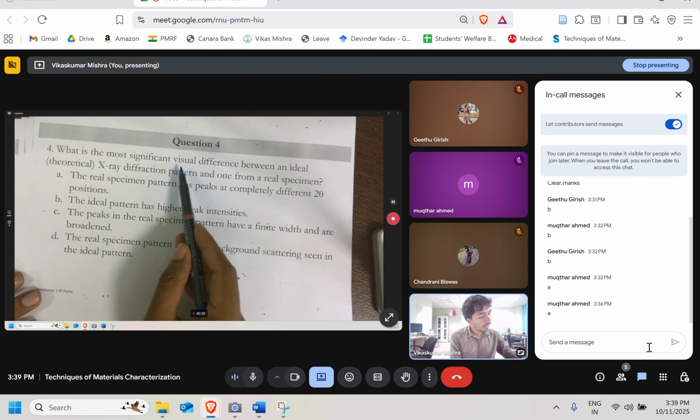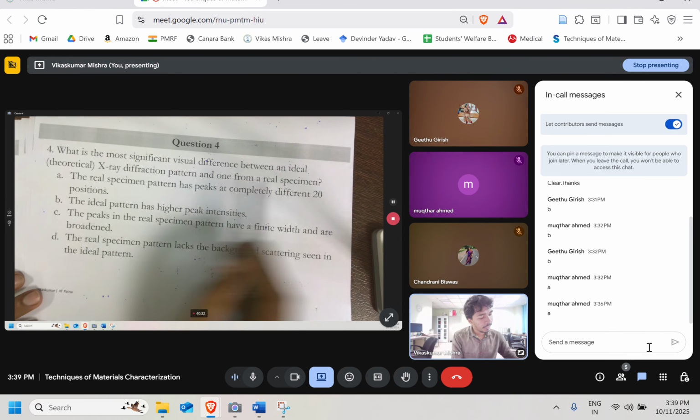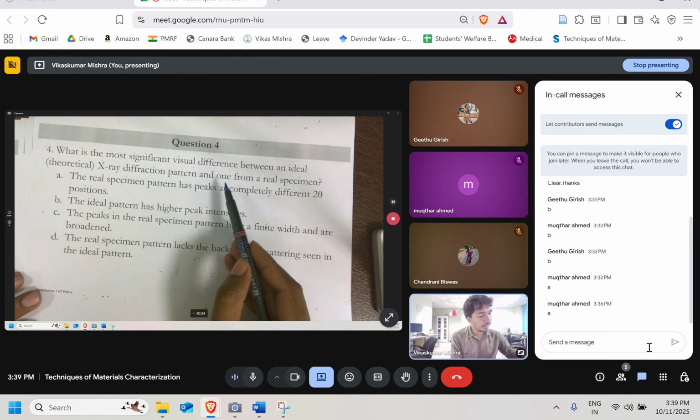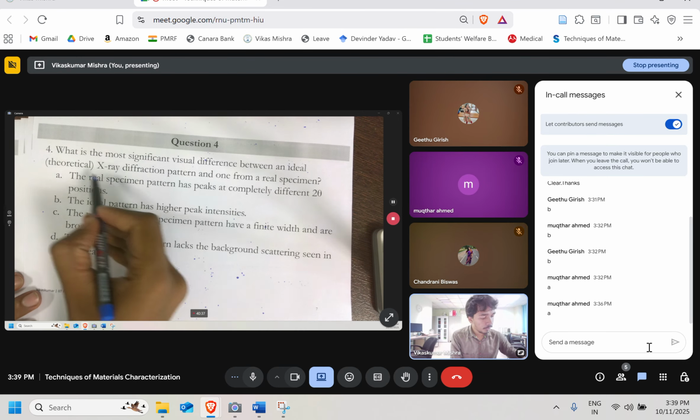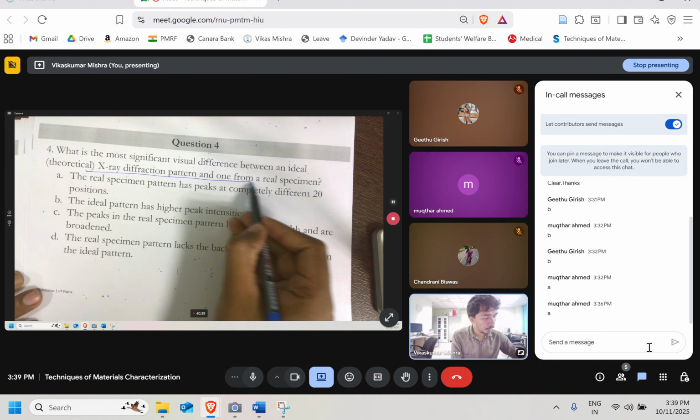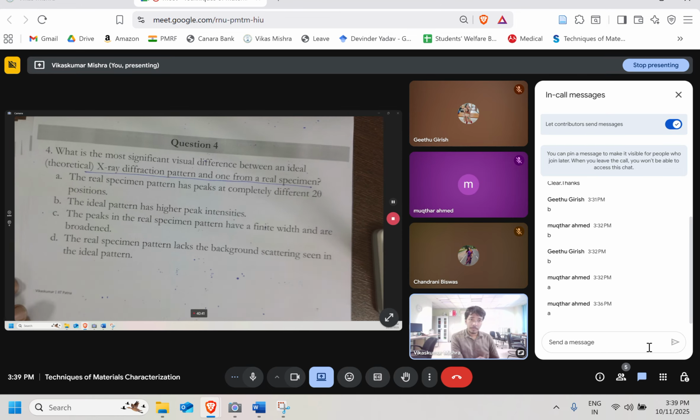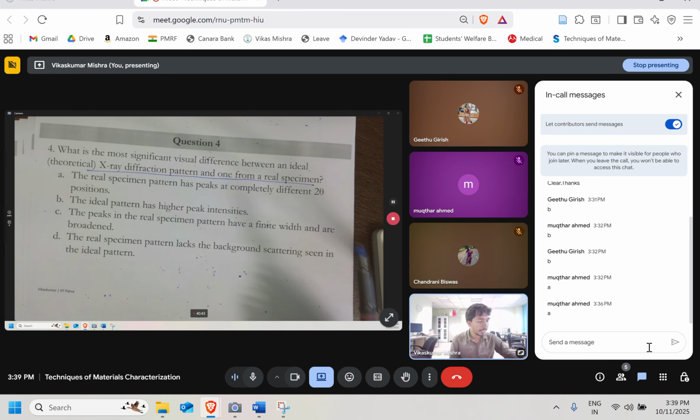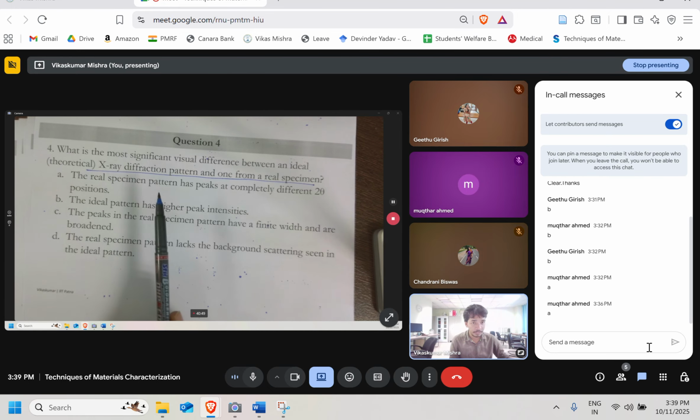What is the most significant visual difference between an ideal X-ray diffraction pattern and a real one? Okay, the significant difference we need to point out. Please go ahead and tell me which one is the right answer. A, the real specimen pattern has the peak at a completely different 2 theta. The peak position is changing, they are saying that.